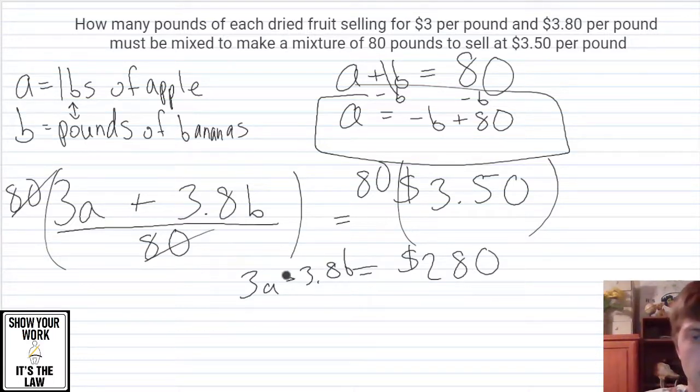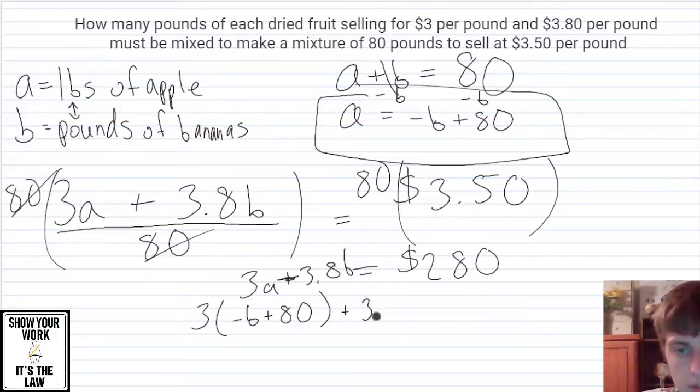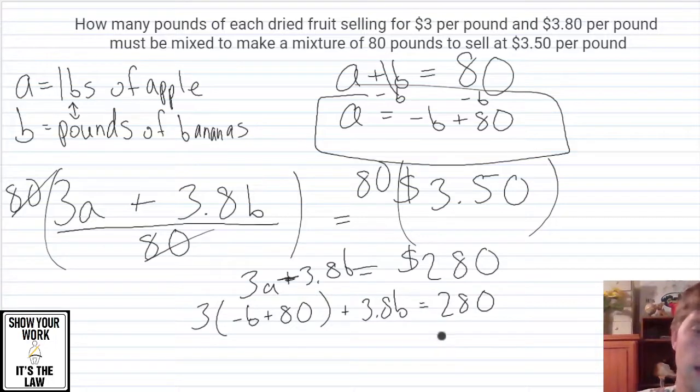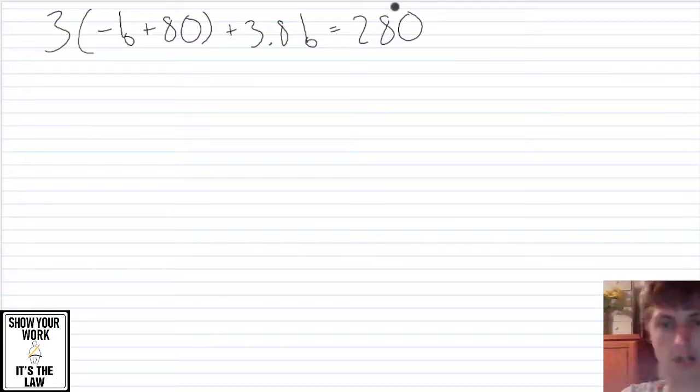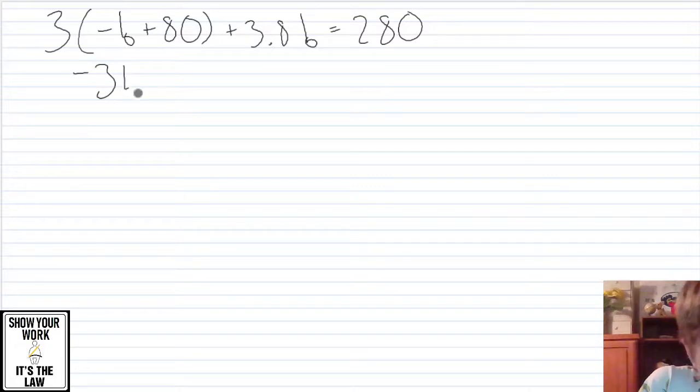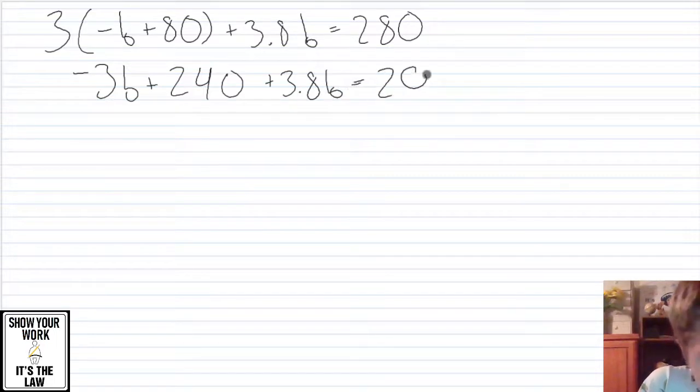Substitute the a. That's a plus sign right there. Substitute a. 3 times negative b plus 80, plus 3.8b equals 280. All right, and I'm going to clear the frame, and we'll go from here. All right, picking up where we left off, distribute the 3: negative 3b plus 240 plus 3.8b equals 280.